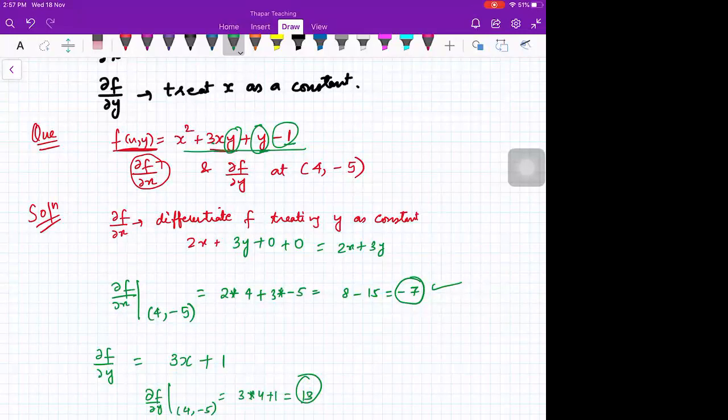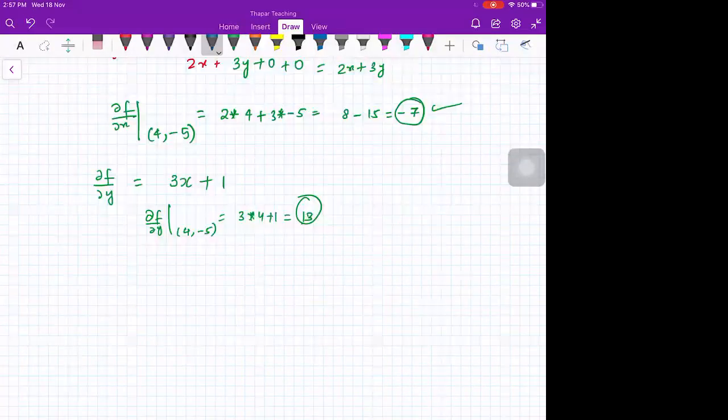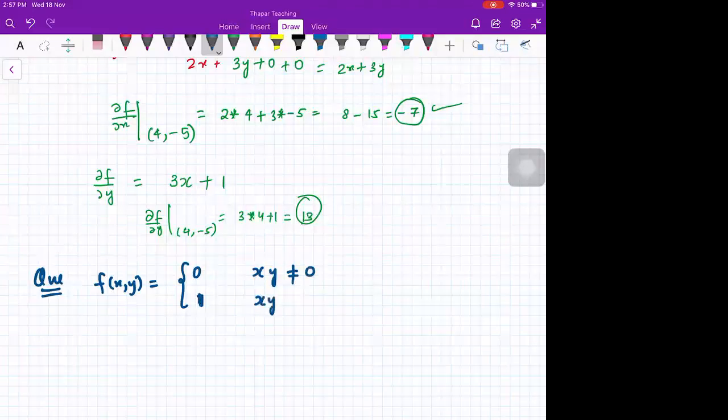Here we know that we are talking about polynomials. We know that derivatives do exist. Next question I'm doing where we will check the limit, right? For example, if I give you this problem, f(x,y) is equal to 0 if xy is non-zero, and this is 1 if xy equals 0.